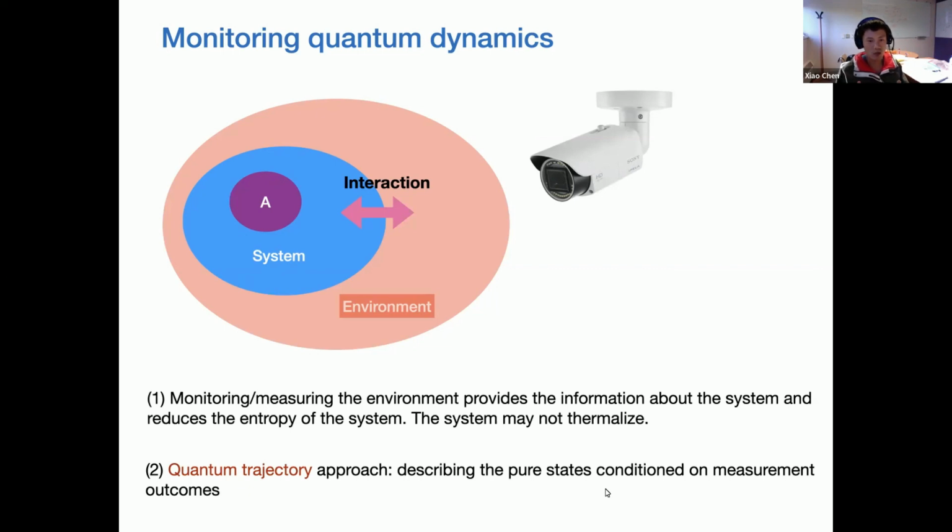Basically, instead of studying the density matrix in the open quantum system, we are considering the non-unitary evolution for the quantum trajectory of the system. Any questions so far? I already introduced three types of dynamics: closed quantum dynamics, open quantum dynamics, and monitored quantum dynamics. We will focus on monitored quantum dynamics and see if there is interesting physics in this.